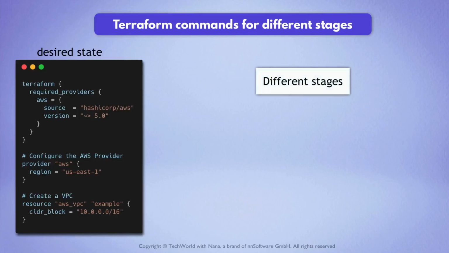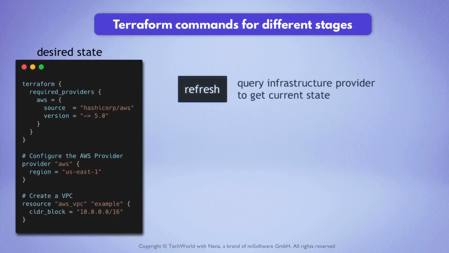Terraform has commands you can execute to go through different stages, which is pretty clear and straightforward. The first command is refresh. With this command, Terraform will query the infrastructure provider, in our case AWS, to get the up-to-date state. So Terraform will now know what is the current state of the infrastructure.